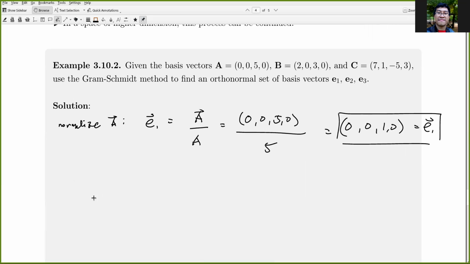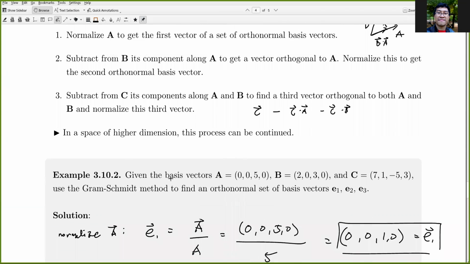To get E2, we subtract from B its component along A. We take the dot product of this to this, or we can also just make use of this orthonormal basis vector, so we have E1 dot B. That's the magnitude of the component.